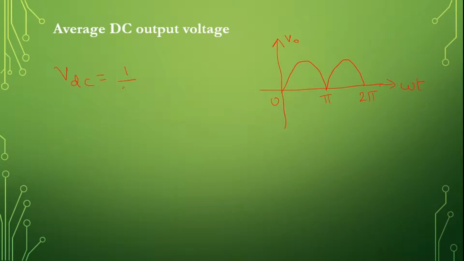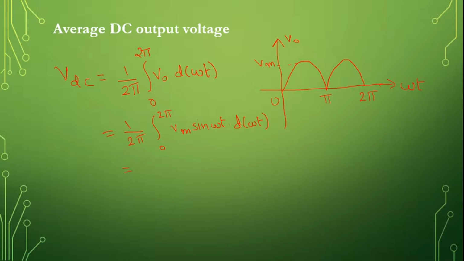VDC over one cycle is 1 by 2 pi integral 0 to 2 pi V0 d omega t. Our V0 is same as that of the input. That means this magnitude is Vm. So we will write it as 1 by 2 pi integral 0 to 2 pi Vm sin omega t d omega t.